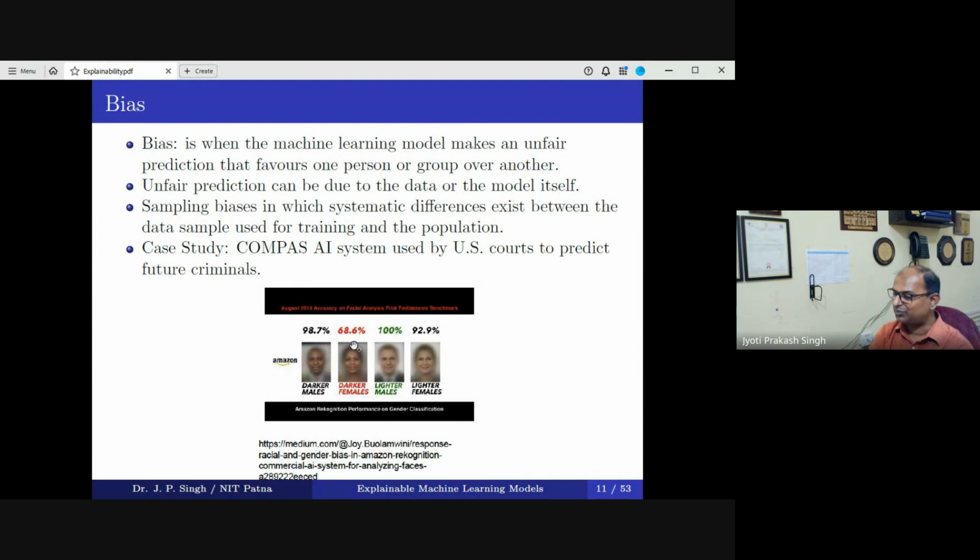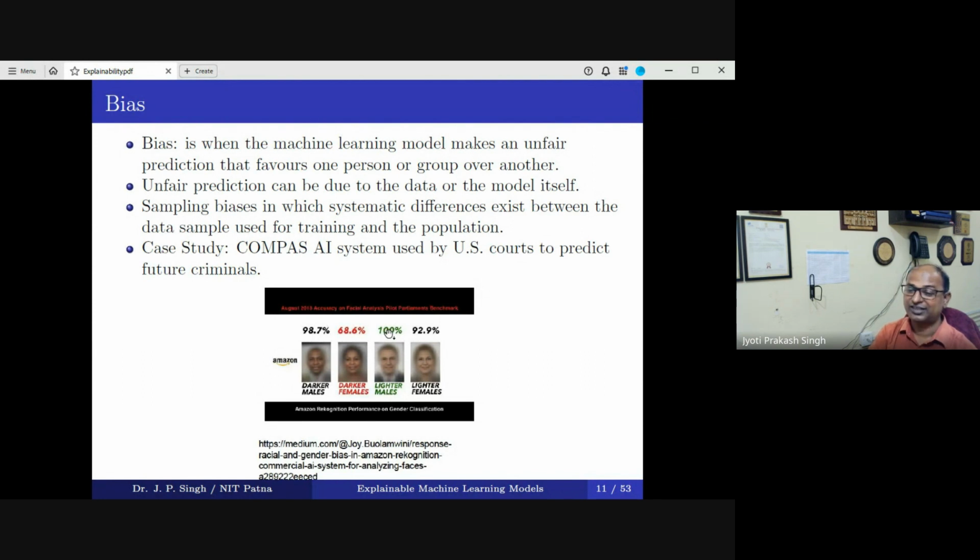But with a darker female, although it recognizes her as female, the confidence decreases to 68.6%. Whereas in the case of male, whether the complexion is darker or lighter, the confidence is more or less around 98 to 100%.